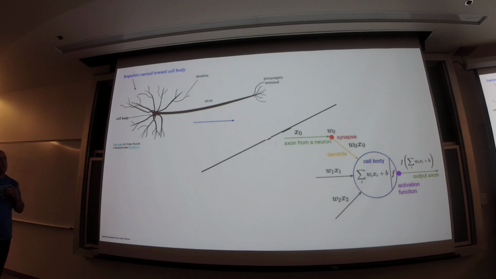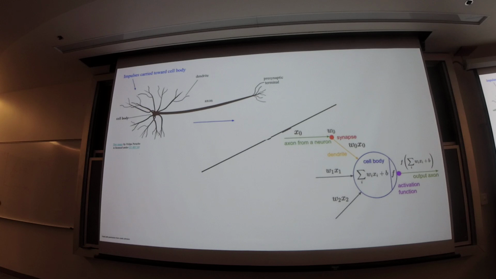That weight multiplied with the input is what is passed to the other neuron, and that's happening across all of the inputs that any particular neuron is getting. So it might have many inputs, and each one of those will be connected at a synapse.